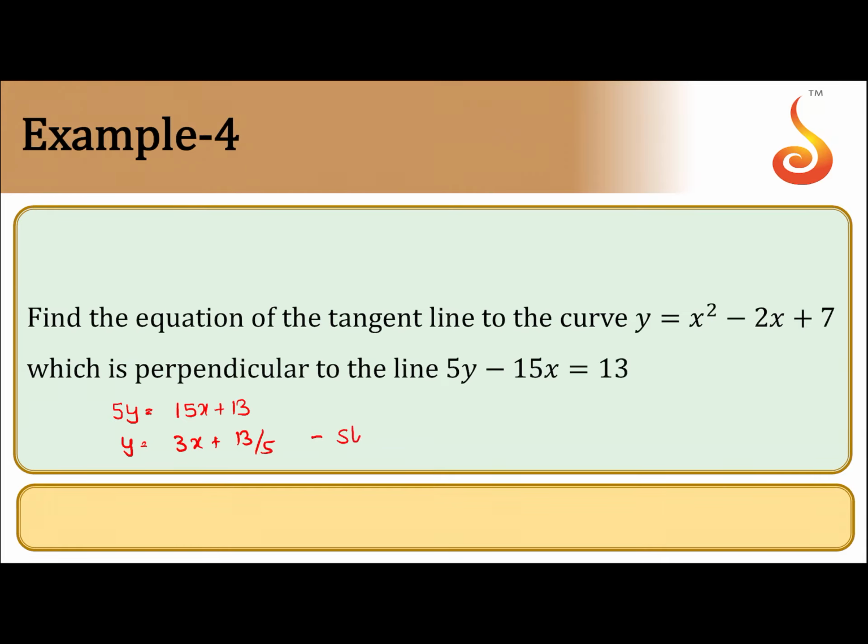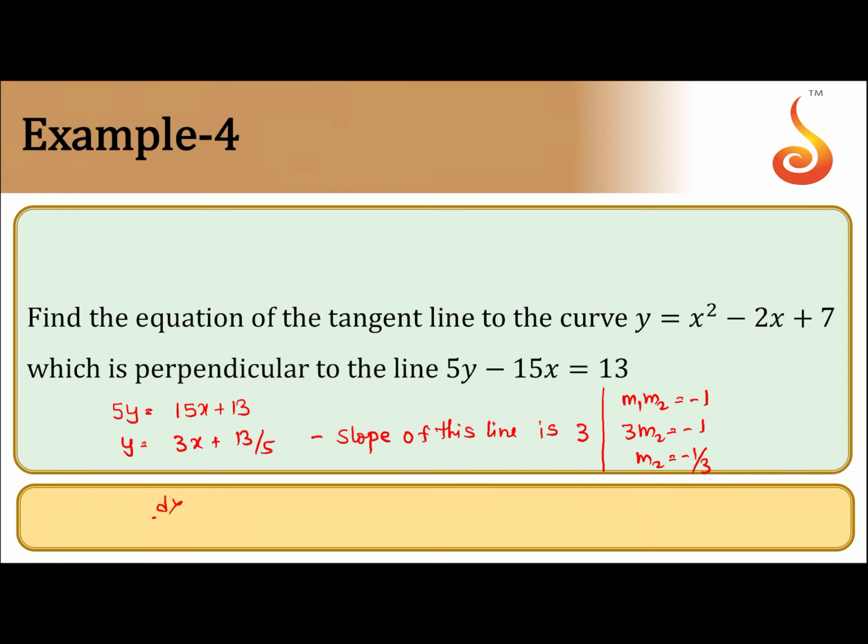The slope of this line is 3. Now, what is the slope of the curve? It is asking for perpendicular, so we know m1 m2 = -1. So 3 times m2 = -1, or m2 = -1/3.